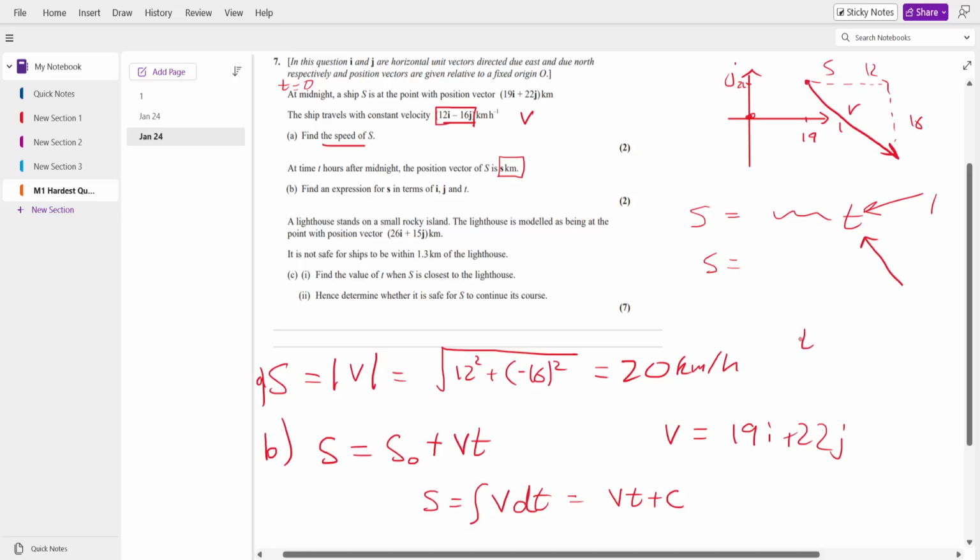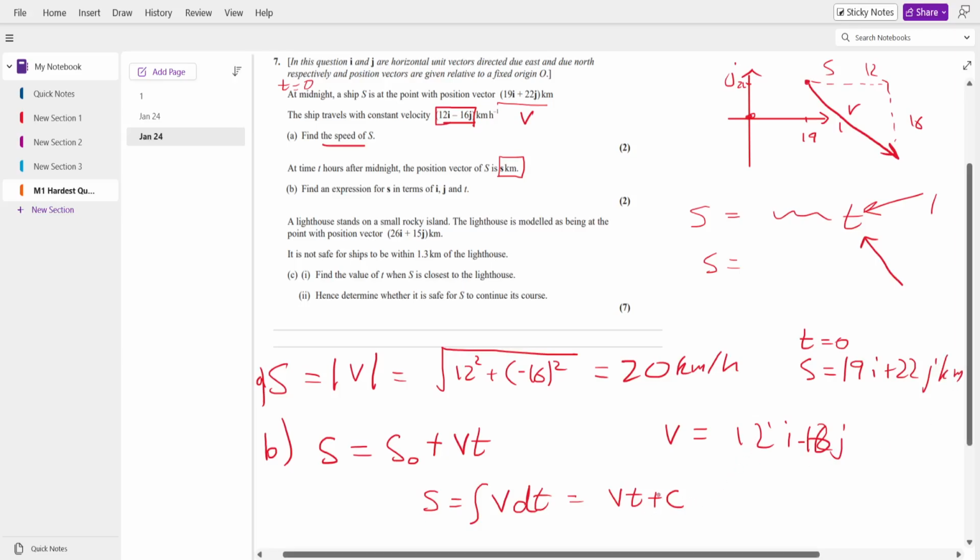So I know that at t equals 0, my position was 19i. Sorry, the velocity is not 19i, the velocity is 12i minus 16j. But at time t equals 0, the position vector was 19i plus 22j kilometers.